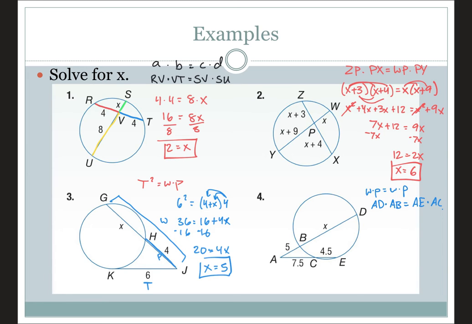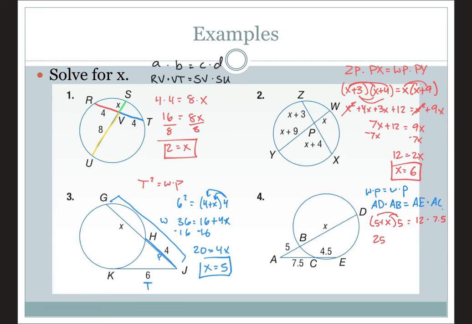So AD is 5 plus x. AB is 5. AE is 12. And AC is 7.5. Now I'm going to distribute and combine like terms.